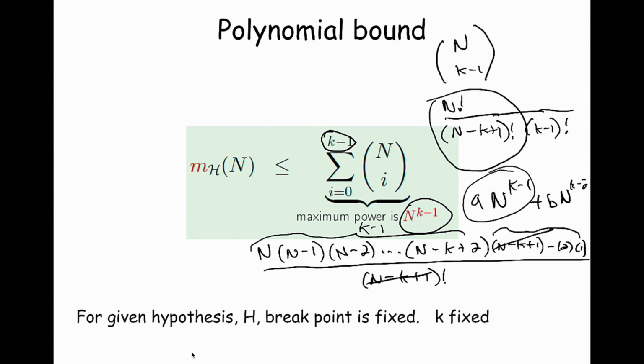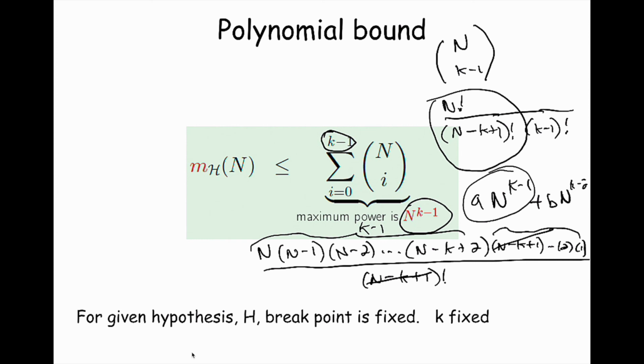Now, the good news is that you notice here, k is a constant. It's the breakpoint. It's a defined number that remains constant. k does not vary as a function of the data set size. So it is a good, honest-to-goodness polynomial. And therefore, we've shown that this growth function is bounded from above by a polynomial. And therefore, we have a polynomial number of dichotomies.